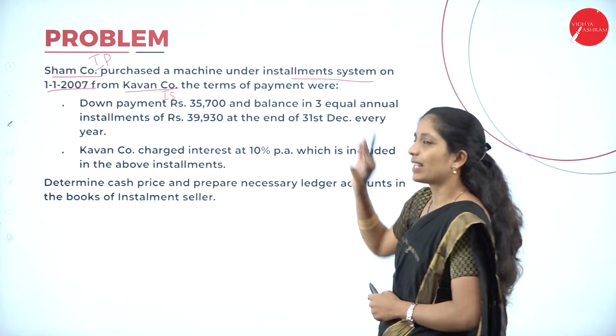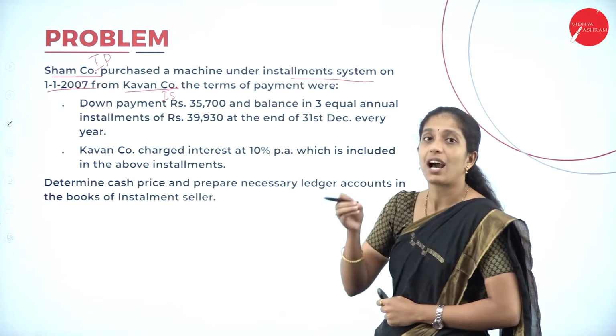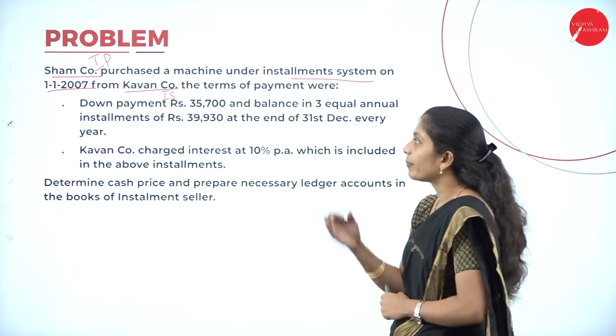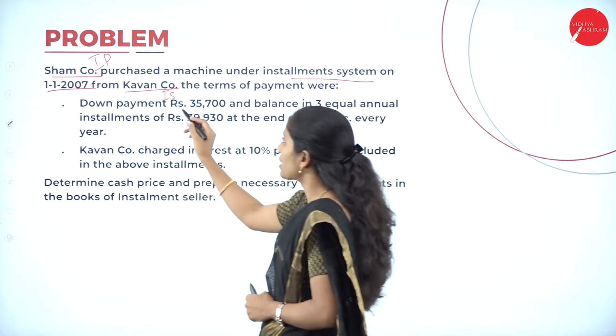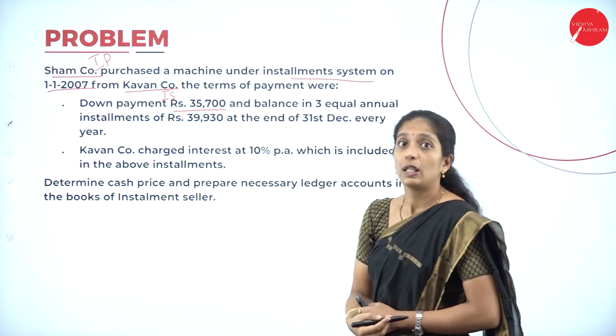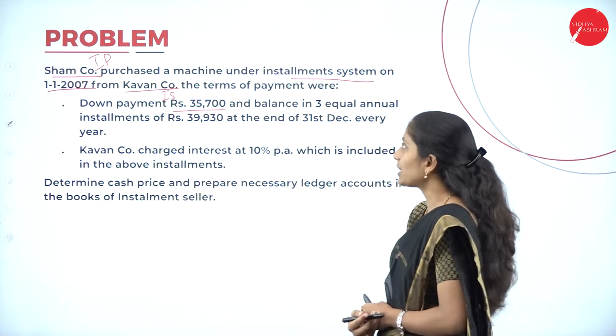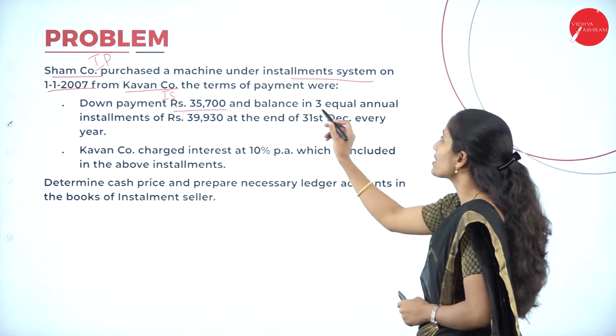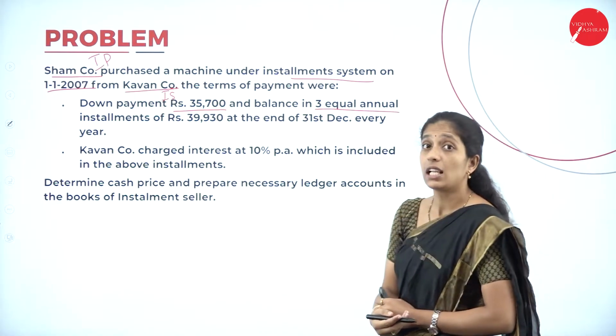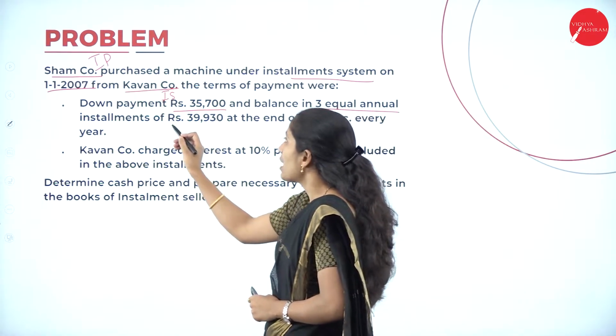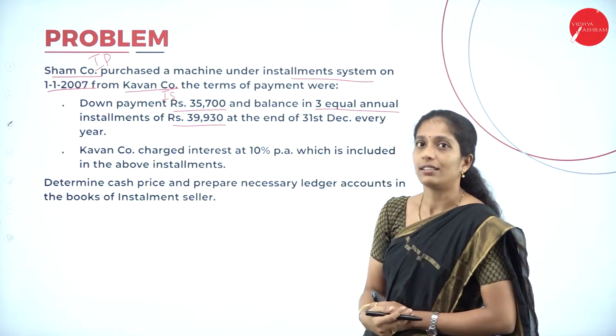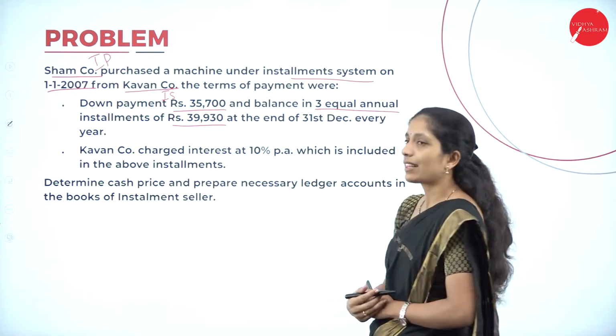The terms of payment were, let us see what are the terms of payment. Here they have not given the cash price, but they have given how they have made the payment. So down payment rupees 37,500. Now what is the down payment? 37,500 and balance in 3 equal annual installments of rupees 39,930. Now what is this 39,930?